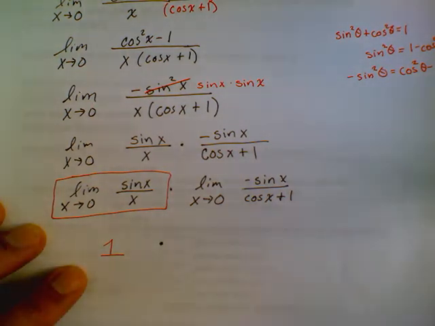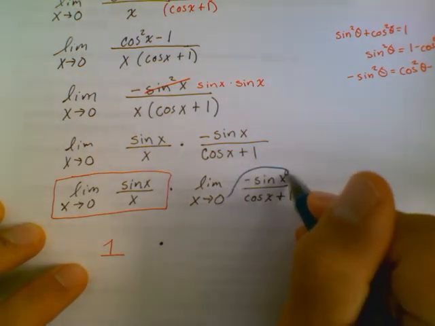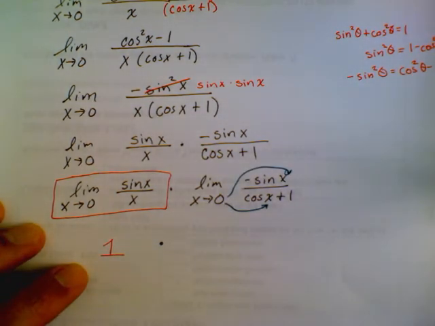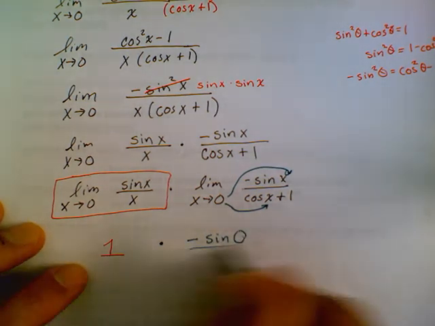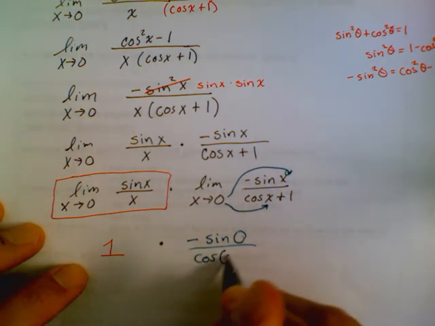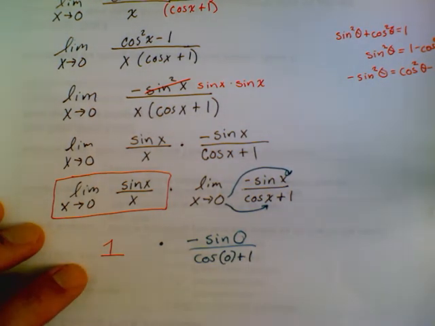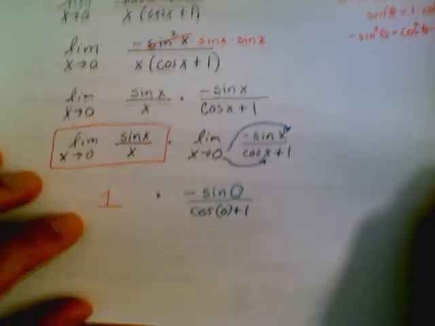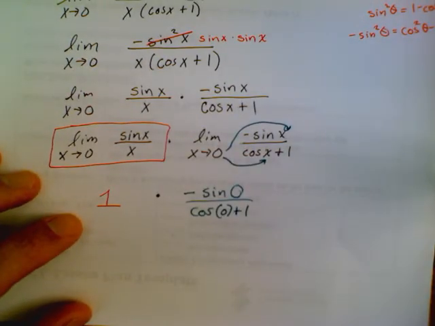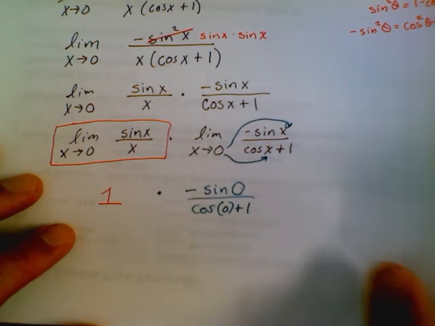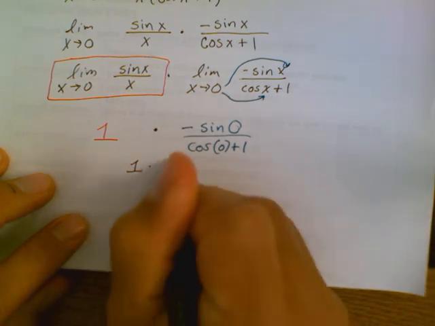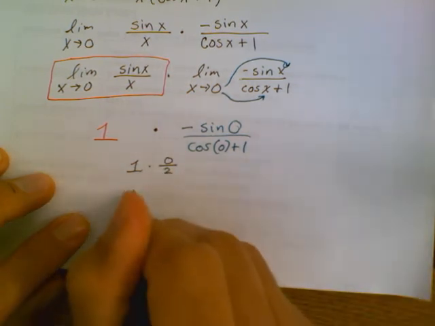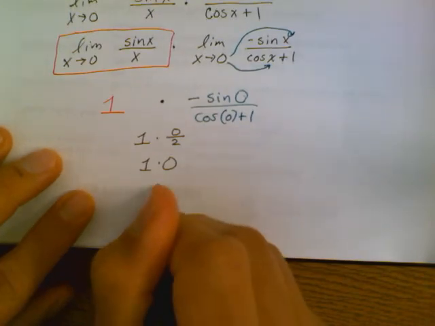So this is 1 times, and on this one we're just going to substitute in the 0. Negative sine 0 over cosine 0 plus 1. What is sine at 0? Yep, it's just 0. So this gives me 1 times 0 over 2, which is 0.